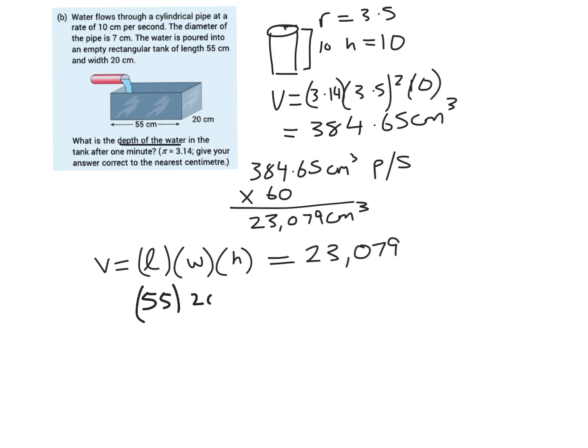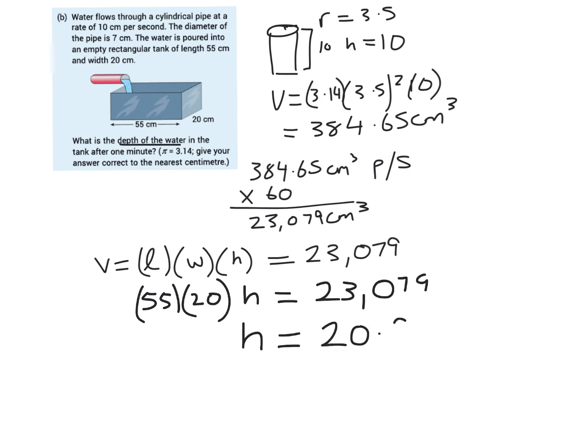Our width is 20, we want to find the height, and that will all be equal to 23,079. So when we simplify that, multiplying those two numbers and then dividing both sides by the number we get, we are going to get a height of 20.998, and we're going to approximate that to the nearest centimetre, so that's 21 centimetres.